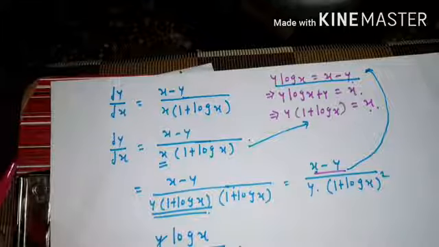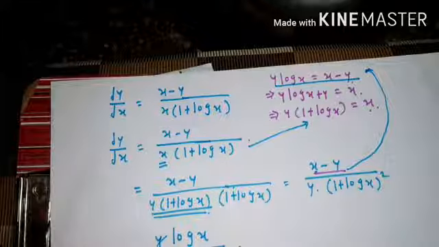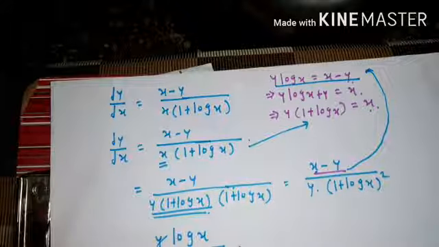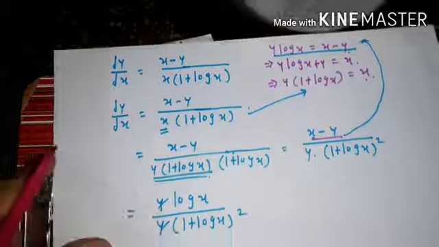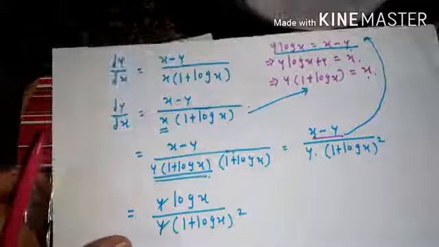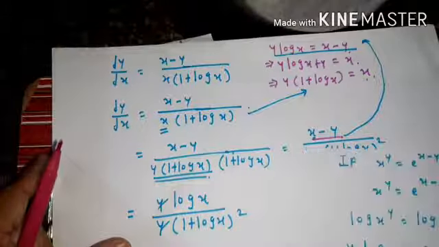And now y gets cancelled. dy by dx equal to log of x upon (1 plus log of x) whole square. Okay, students, in this way we have proved the problem. Now take down the next one.